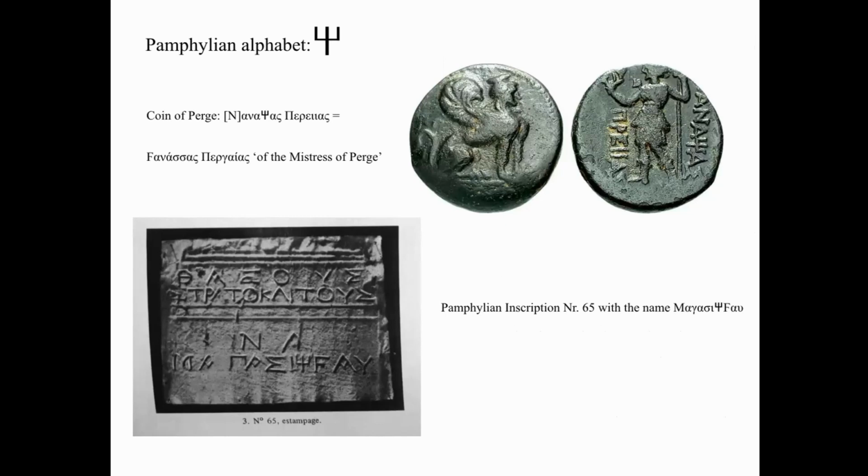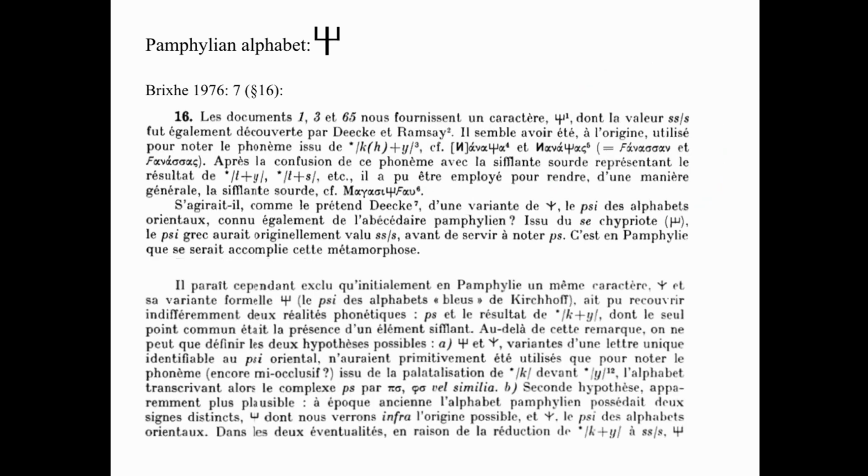First of all, we have the letter of almost exactly the same form which I discussed a moment ago in the Pamphylian alphabet, and its phonetic value is well established because it's used in the word for the mistress, Vanassa, exactly in the position in which one finds later this geminate writing of S, of sigma.